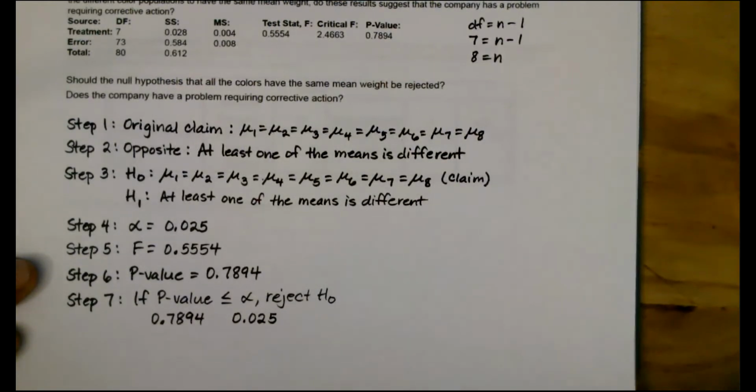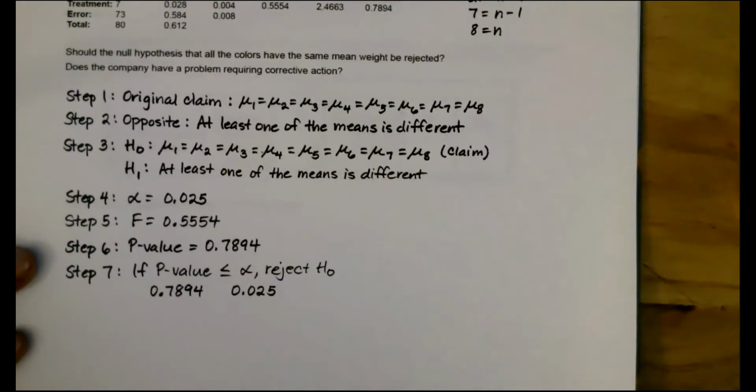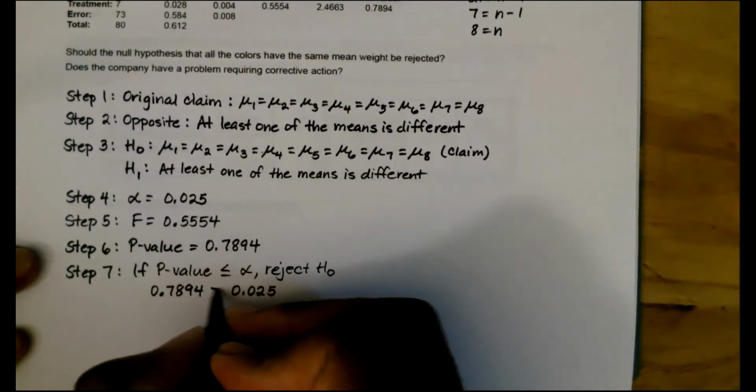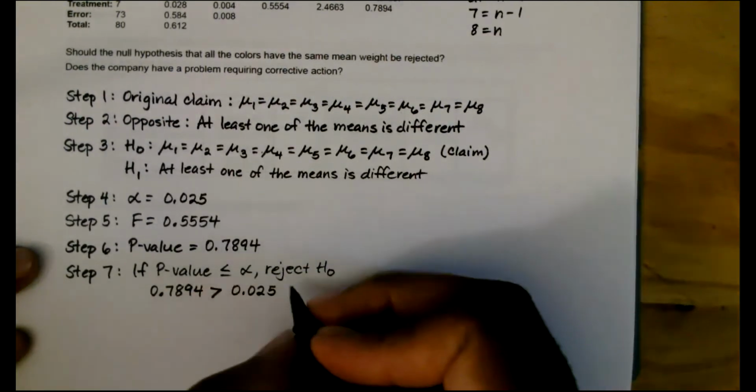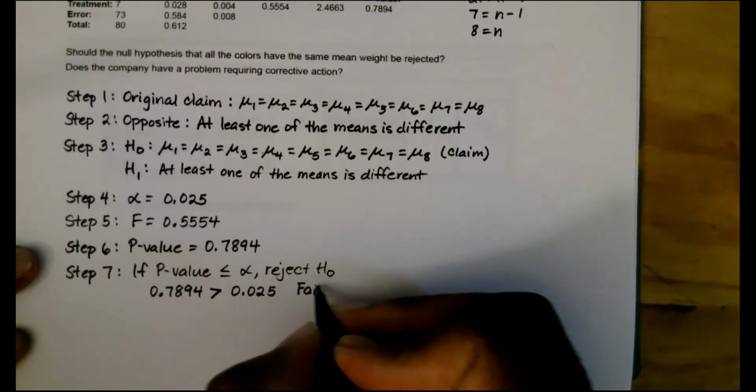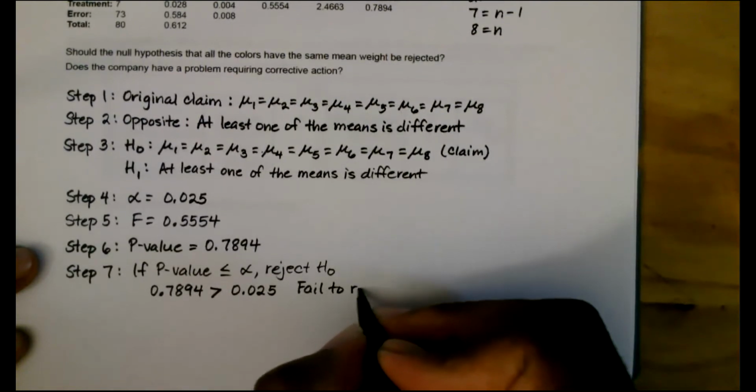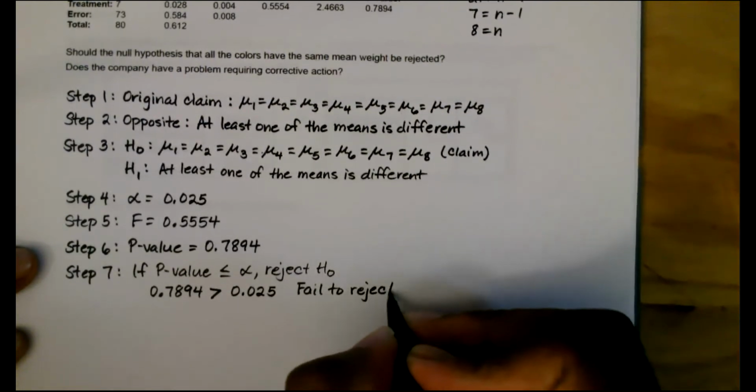If you compare those two, you can see that 0.7894 obviously is greater than 0.025. In this case, we violated our decision rule. That means we fail to reject the null hypothesis.